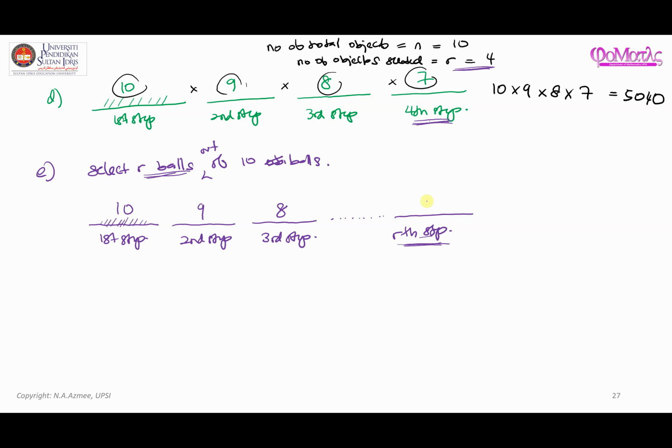The options here are going to be 10 minus r plus 1. Because if r equals 4, then the result here is 7. So 7 means 10 minus 4 plus 1. I'm just following the pattern really. I hope you can see that.